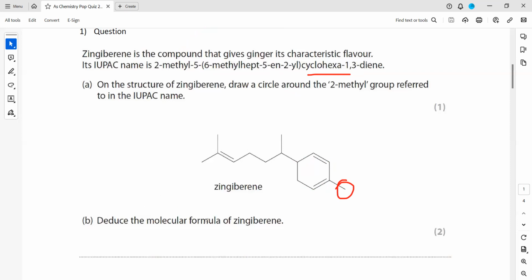Then deduce a molecular formula. How to deduce a molecular formula? Because this is a skeletal formula, how can you deduce the molecular formula from it? This is one carbon, and because one bond is formed, this is CH3. This is one carbon and one bond is formed, so 3 hydrogen will be there.